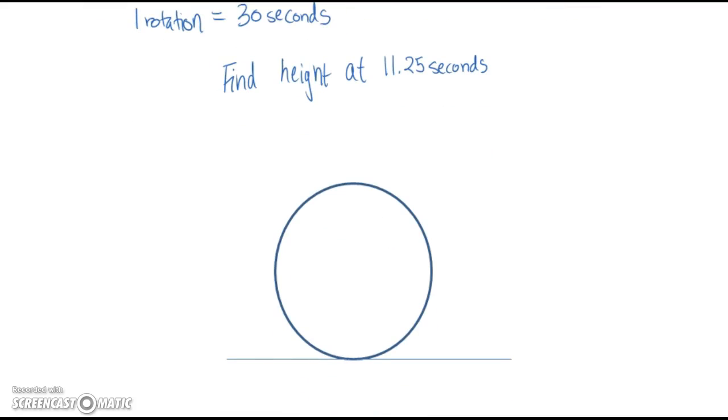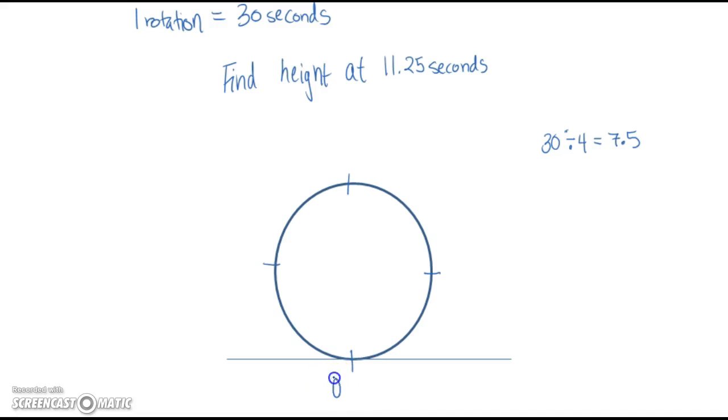And so let's take 30 seconds, which is one full rotation, and let's divide that into 4 so we get at least what time we are at every quarter of a circle around. So if we take 30 divided by 4, we get 7.5. And so we can count by 7.5 seconds for each quarter of a circle to get all the way around.